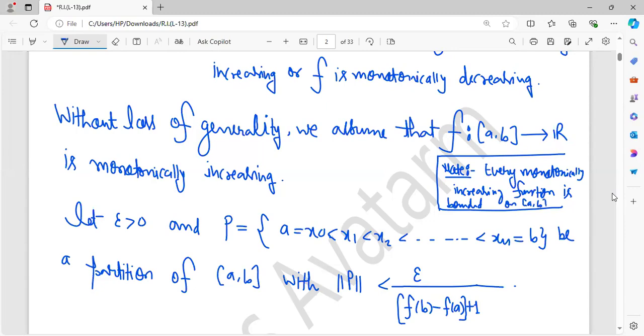Okay. You take any monotonically increasing function on closed interval, that is bounded. It is obvious because minimum value is F(a) and maximum value is F(b) because function is monotonic. So F is bounded in between F(a) and F(b).